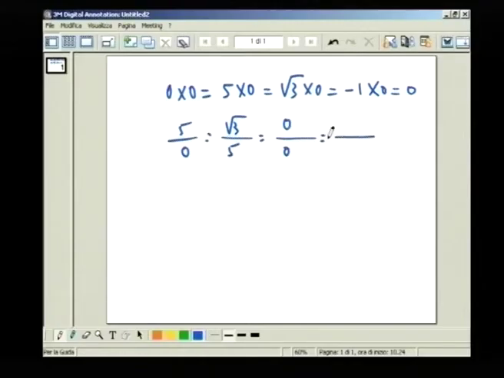In other words, your 0 over 0 becomes equal to minus 1 over square root of 3, and it can also be square root of 3 by 5, divided by 5. So there is no definite value for this quotient, which is 0 over 0. So we call 0 over 0 an indeterminate quantity.